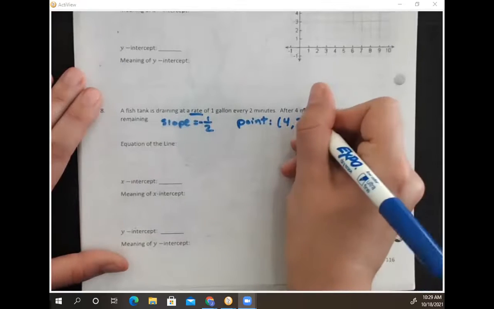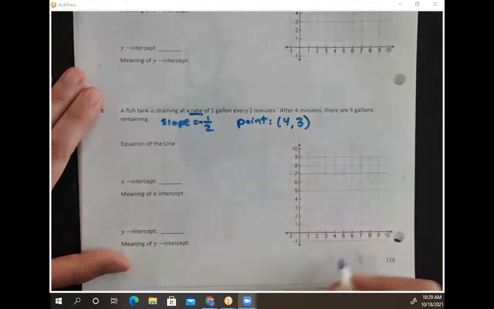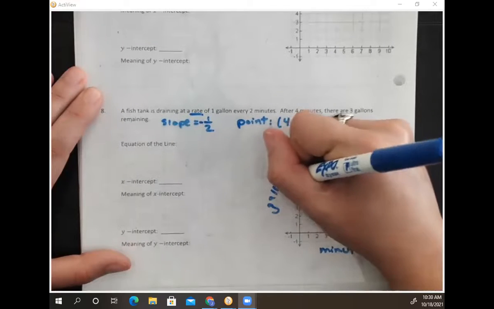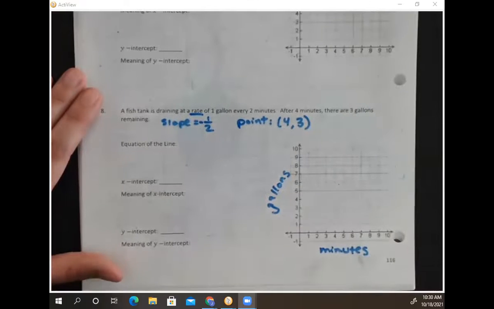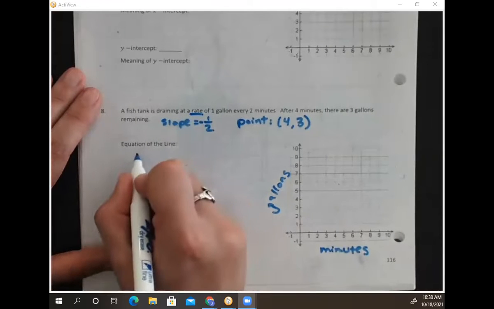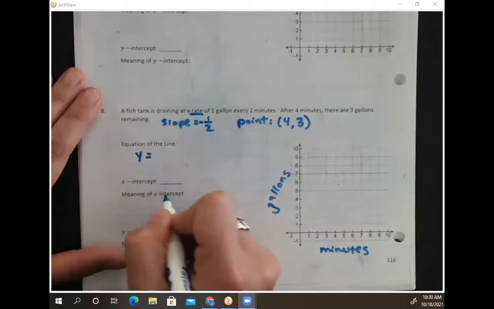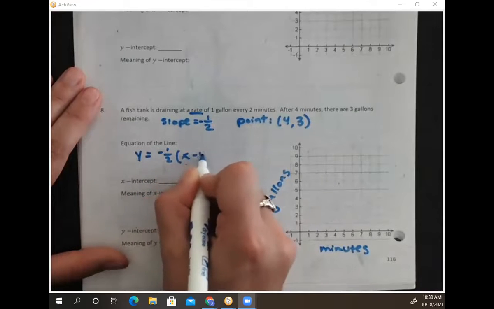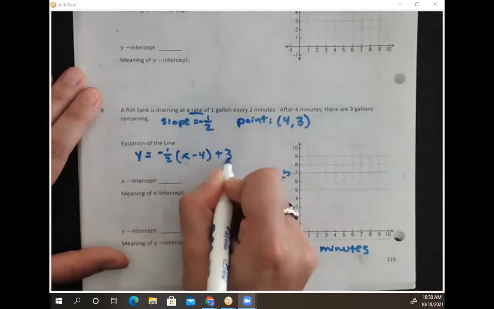Since my graph isn't labeled yet, I'm going to make my X my time, my minutes, since we started draining, and I'll make my Y the gallons. So my line would look like Y equals negative 1/2 times X minus 4 plus 3.